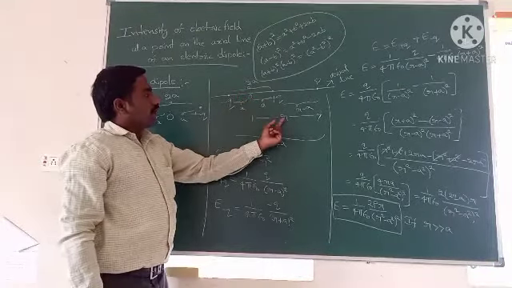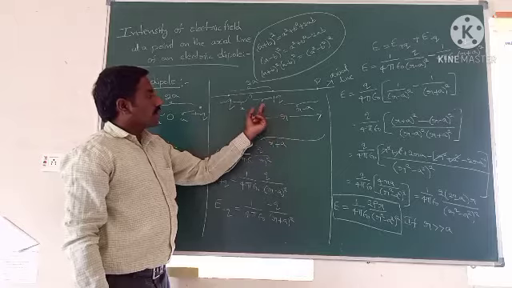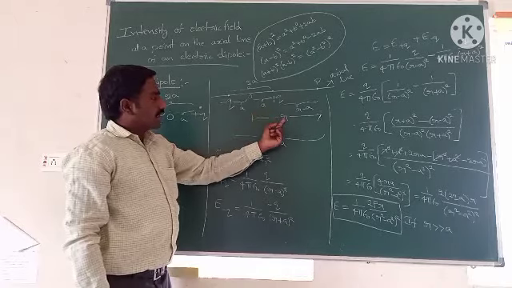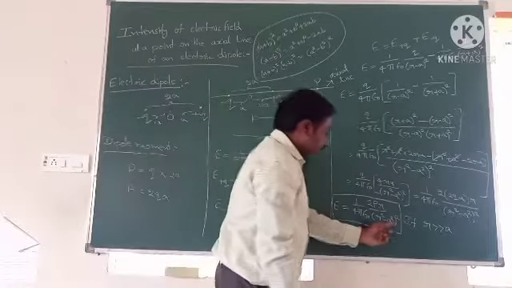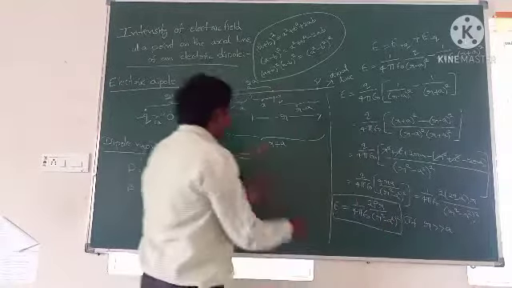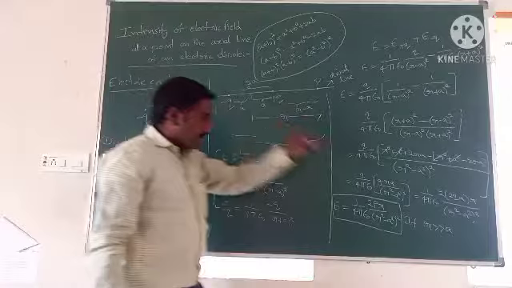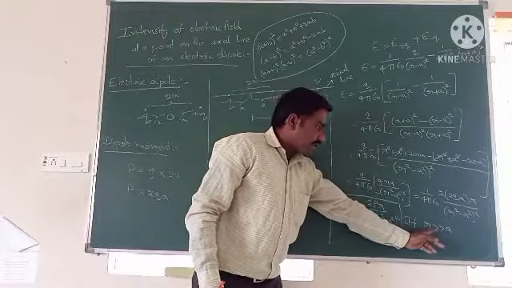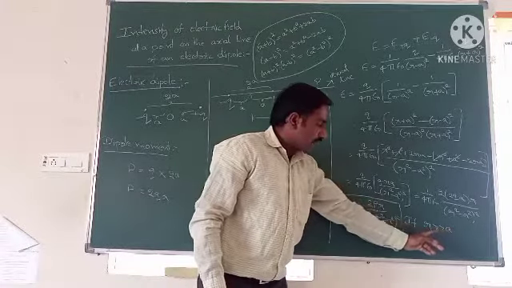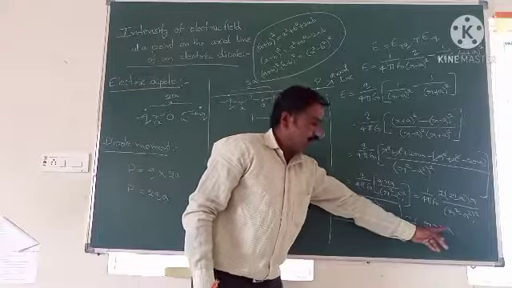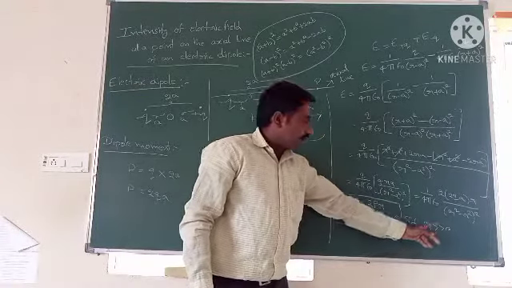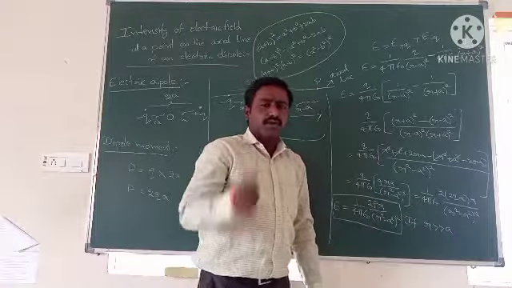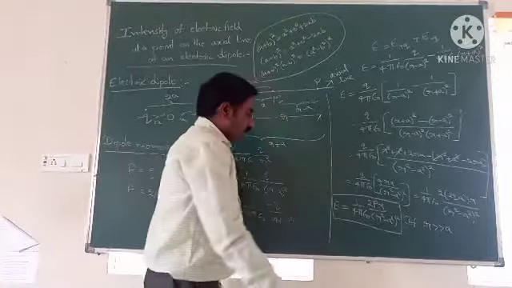When you compare the value of r and value of a, if r is greater than a, the r value is very high compared to a, so a will become very small. So we can neglect that one.